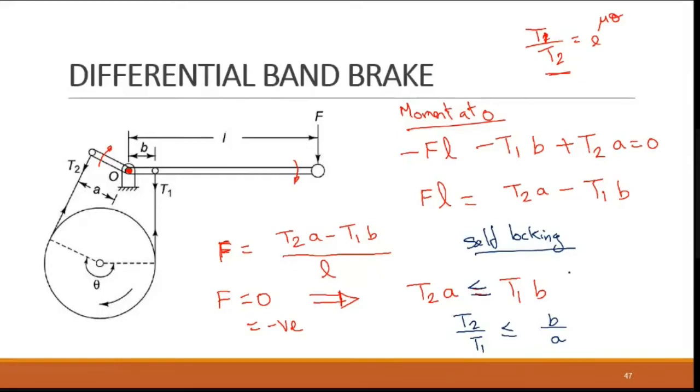So this is the condition for self-locking in a band brake when your drum is rotating in the clockwise direction. When it is rotating in the clockwise direction, you will get this particular equation for your self-locking.